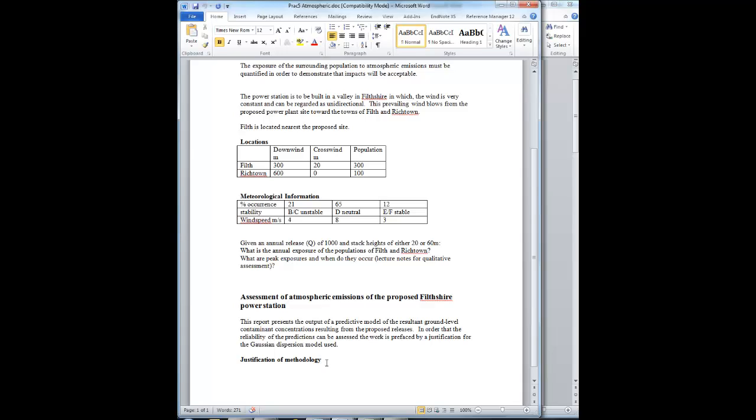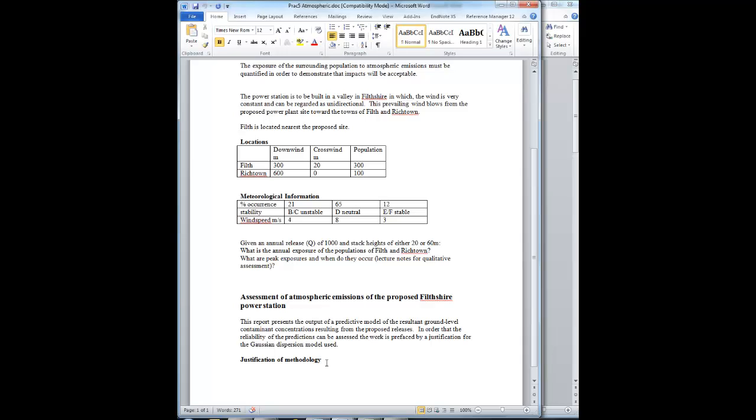Now this is really for your client, to demonstrate that the methodology that you're going to use is appropriate, and also what will come out of that after you've been through the methodology is that you can then criticise the results that are produced by it, because you've made the assumptions of that methodology explicit, and that will be the second part of your report.